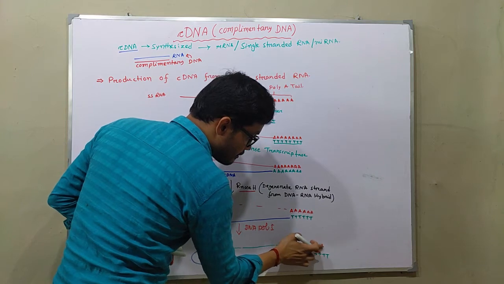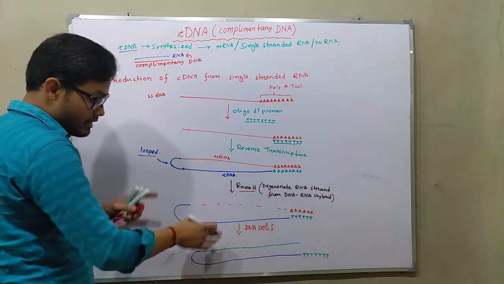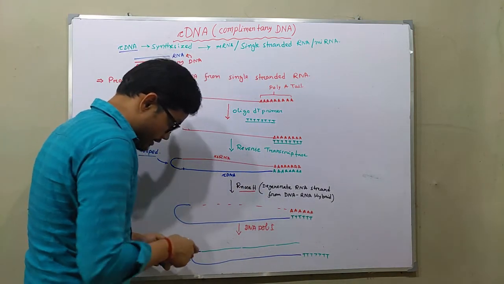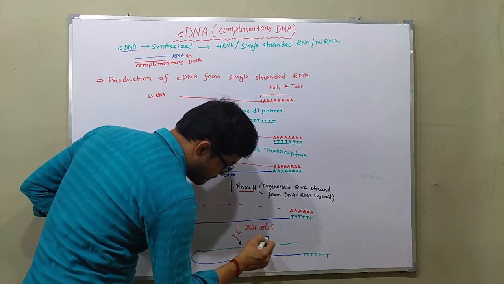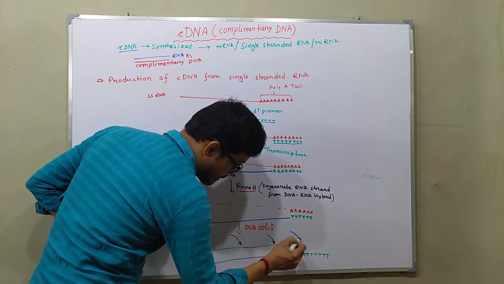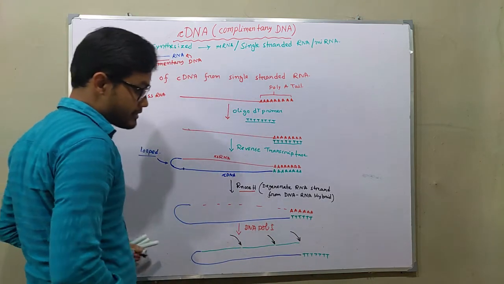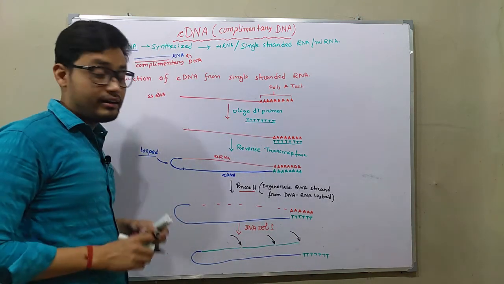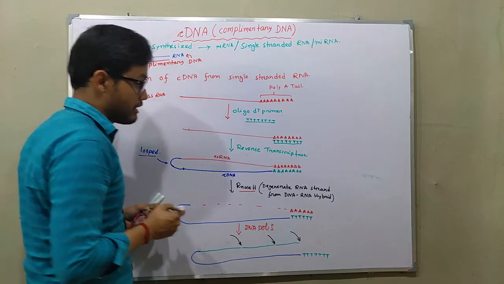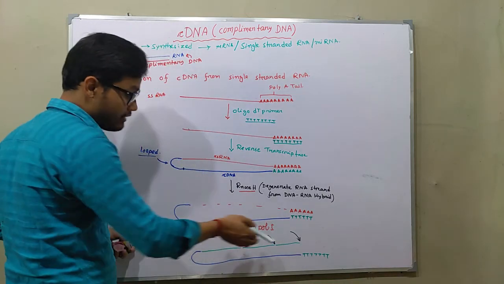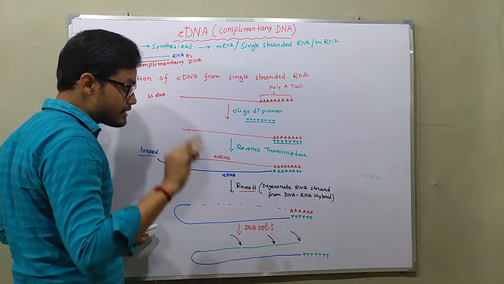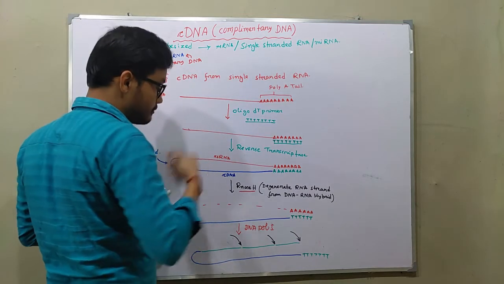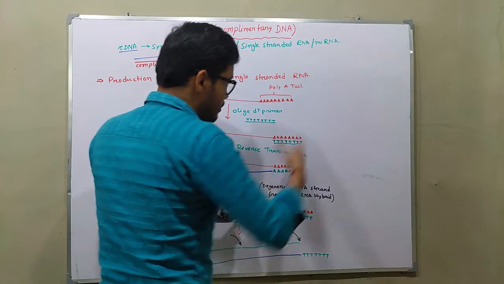Okay, so it creates a DNA. If you observe carefully, there is a gap, and there is also a gap. So these gaps are filled by DNA ligase. Okay, so the next step is filling those gaps. So here DNA ligase comes into play, and let me draw the next step here.